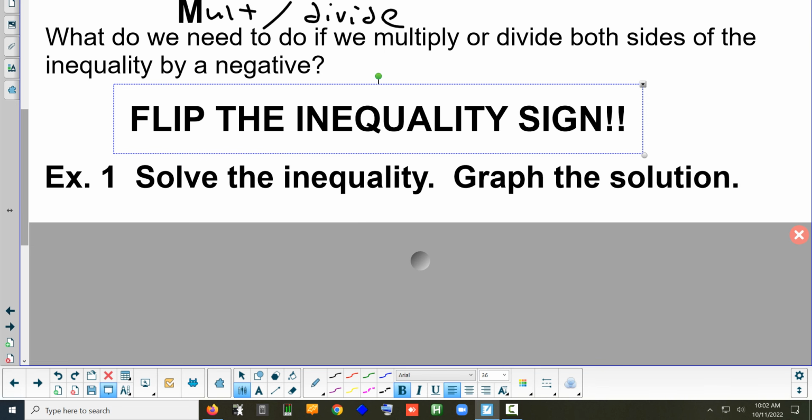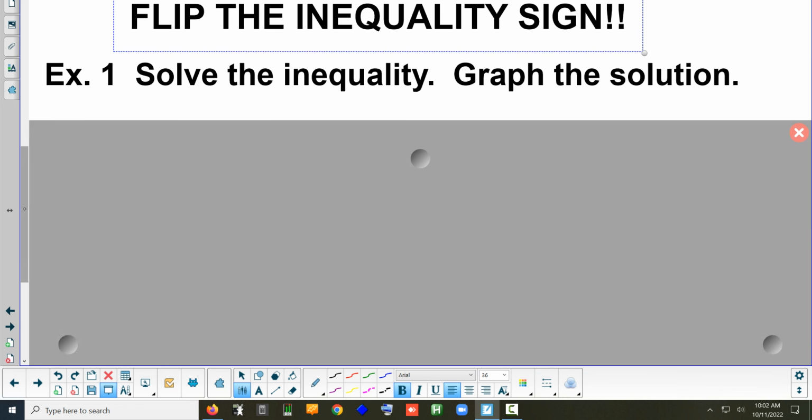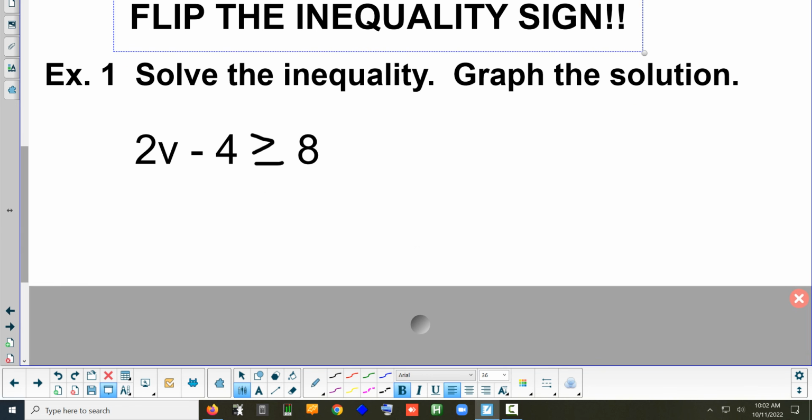All right, so let's try the first example on your guided notes. There's two parts: solve and graph. This is called a multi-step inequality because just like a multi-step equation, it's going to have more than one step to solve.